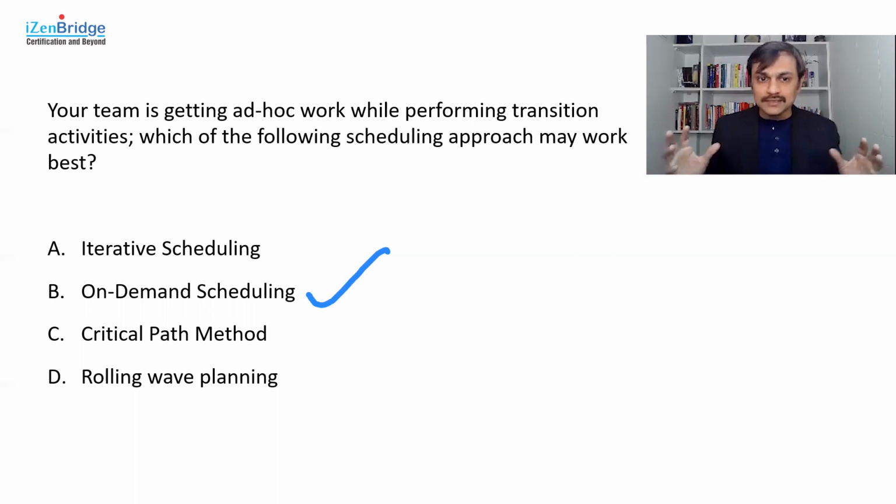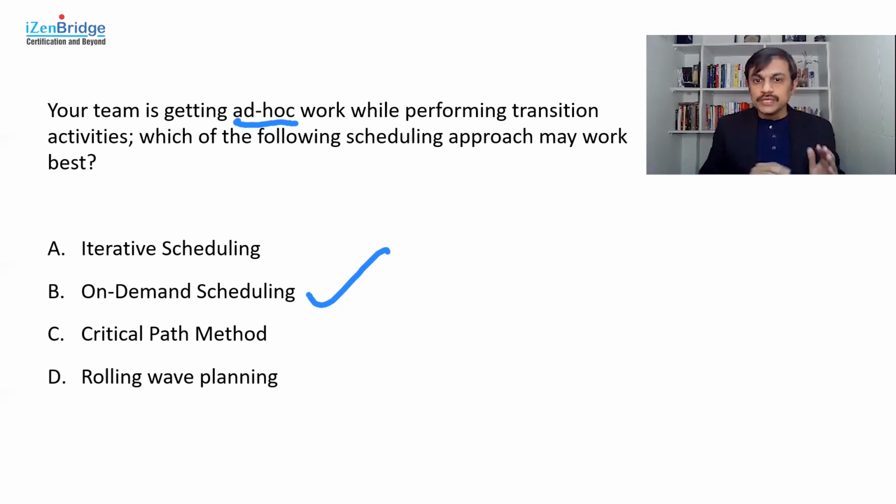So my team is getting ad hoc work from here and there. Ad hoc work indicates that I can't plan it in advance. I can't say that for this week we are going to do all this, because the work will come ad hoc, or I cannot make a whole schedule for my transitioning at a very detailed activity level. So that's the situation I am facing. Now in such a situation, on-demand scheduling is a good option.